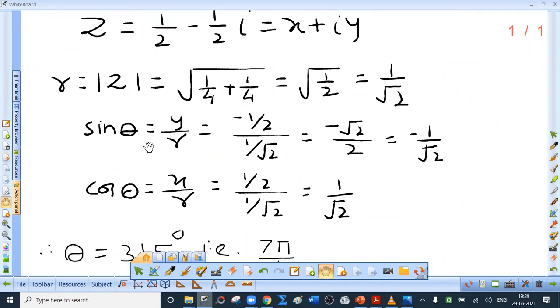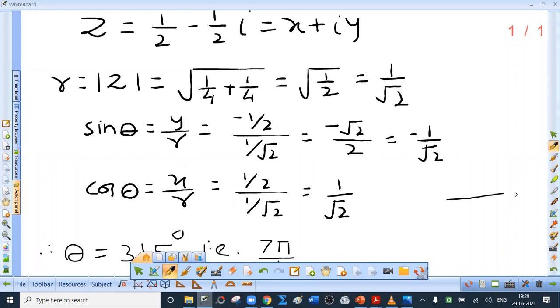See, you have already done trigo ratios for 45 degrees. Sin 45 degrees 1 by root 2, cos 45 degrees 1 by root 2. But note that the point representing the complex number is half, minus half. Half, minus half lies in which quadrant?